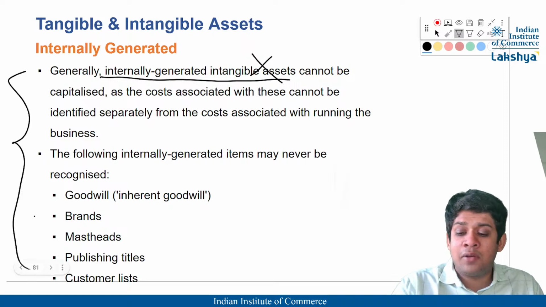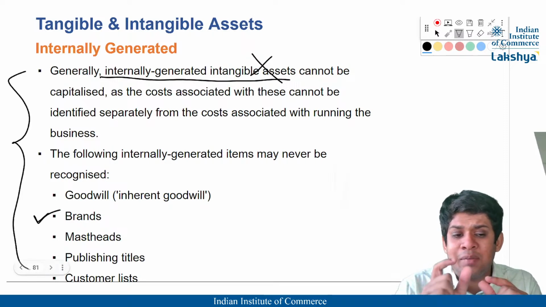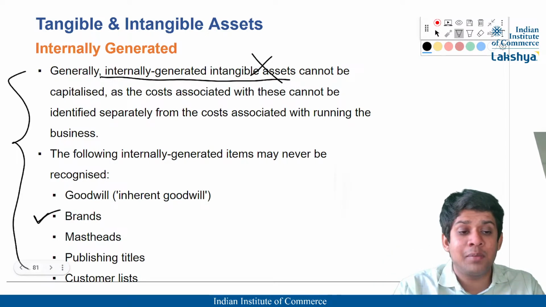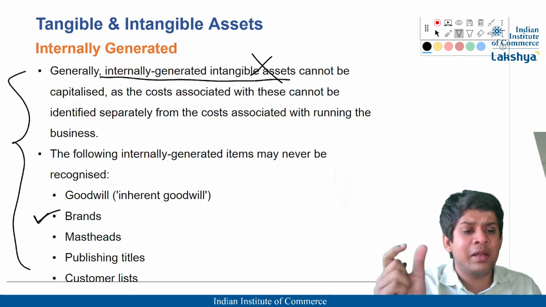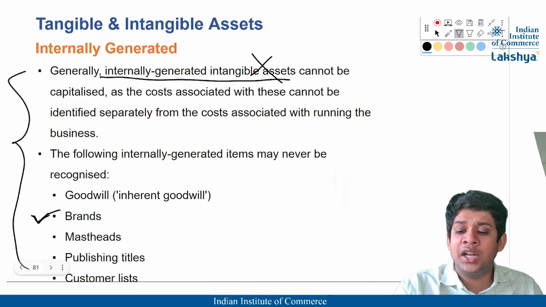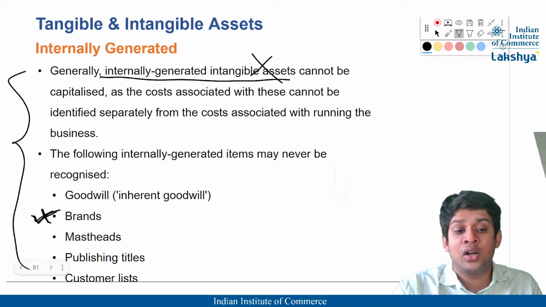If I have a brand name, I cannot just sell my brand. I will have to sell off my brand business. I cannot just sell my brand name. So that internally generated brand name is not going to be recognized as an intangible asset because it is not identifiable. Identifiable means it can be separately sold or bought.